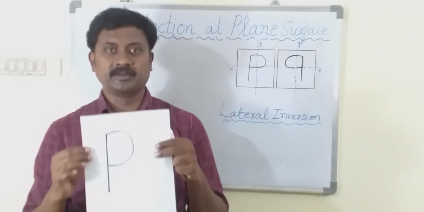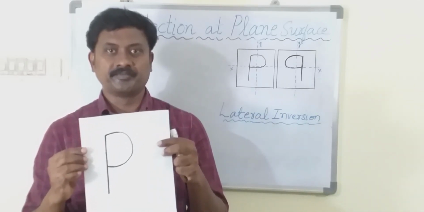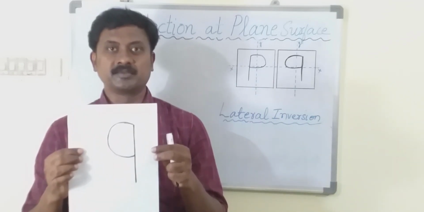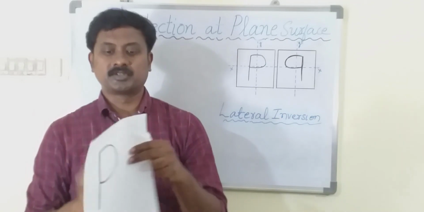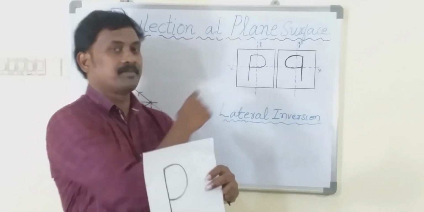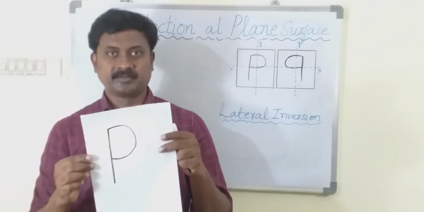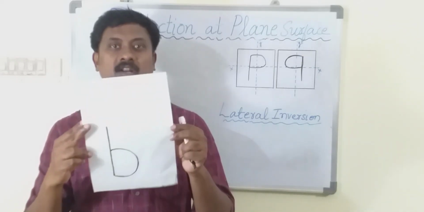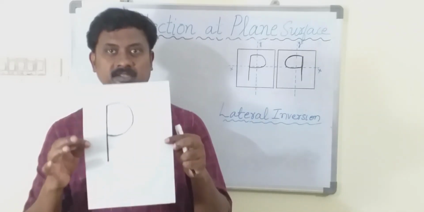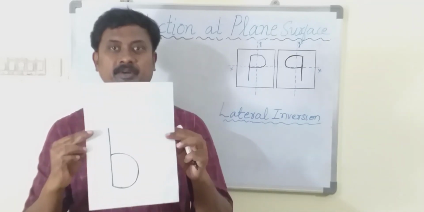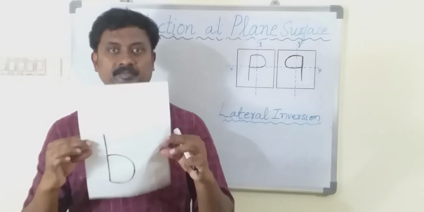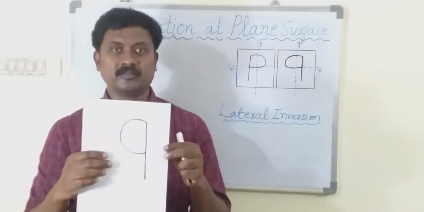This is the original P, this is the object, and after lateral inversion, it becomes like this. Suppose the x-axis is rotated 180 degrees, then what happens is it becomes like this. This is called inversion. This is P. If it is inverted, it becomes like this. The top becomes bottom and the bottom becomes top. Okay, and this is lateral inversion.